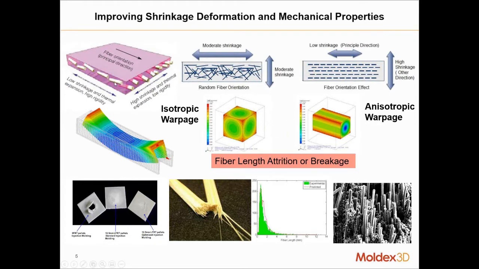Because, remember, those fibers are rigid, they do not have as high of a shrinkage property, or really any shrinkage property at all, whereas the polymer matrix actually does have quite a high shrinkage value. So in the fiber orientation direction, you're going to get an extremely low shrinkage. You're going to get a low thermal expansion coefficient, but you're also going to get a very high rigidity.